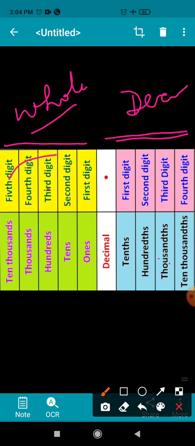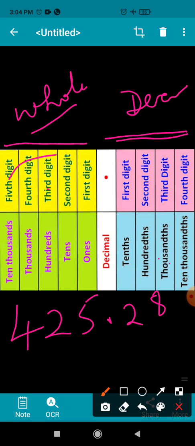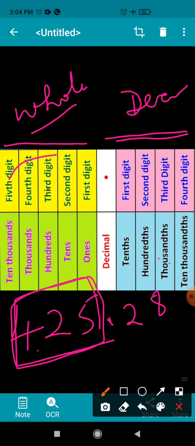For example, 425.28. Children, to the left of the decimal there are whole numbers, so we will read this number together, 425.28.